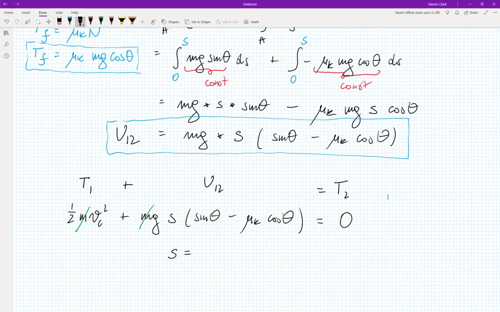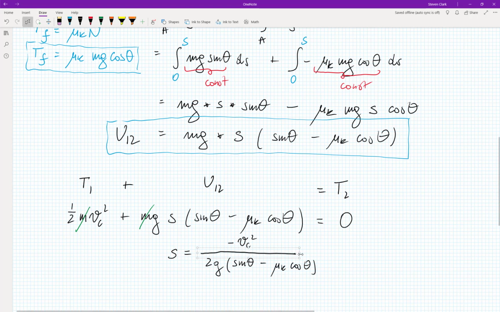She said that we must find s, and we're going to do it. I think that this is equal to minus vc squared divided by 2g (sine theta minus mu k cosine theta). We know every value on the right hand side. So if you plug in values there, you will obtain that s is approximately 19.486 feet.